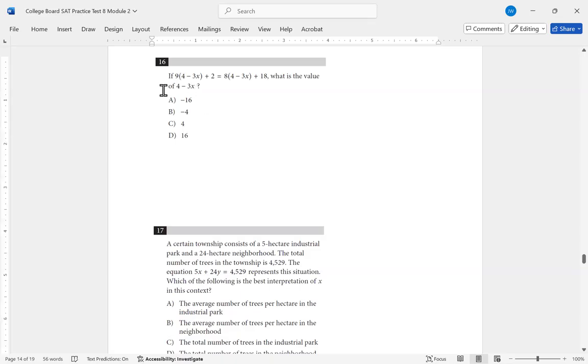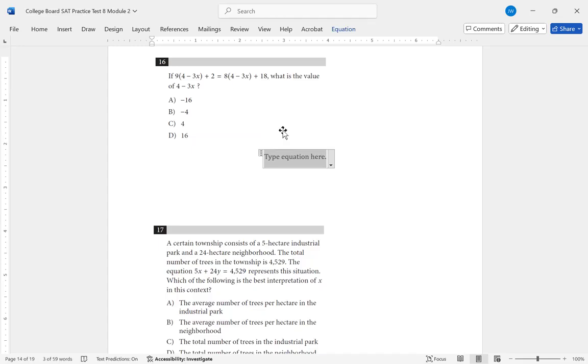Now, 4 minus 3x is the value we're trying to find. If you want to, you could actually solve this entire equation for x and then plug that number in to 4 minus 3x and figure out what it is. But there's actually an easier way. Some people are able to see this right away. Other times it's harder.